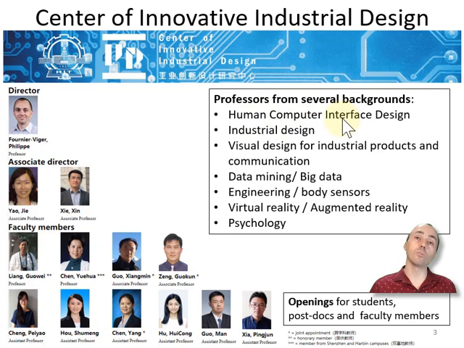For example, for the design of mobile application or software, the industrial design, also the visual design, and for the design for communication. And also, like me, in computer science, we have the teachers who do the data mining or the big data to analyze the data related to design.